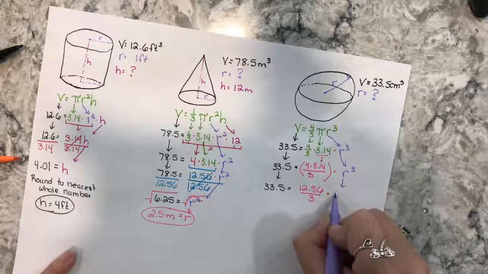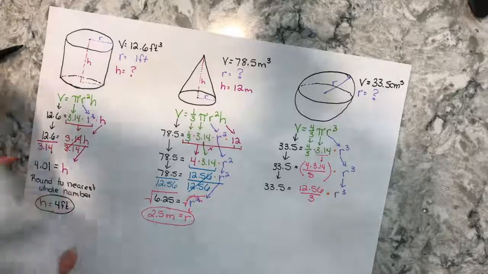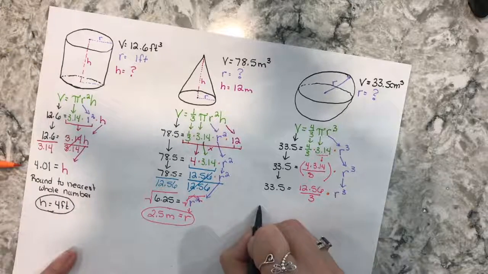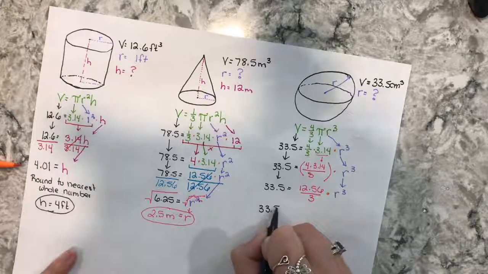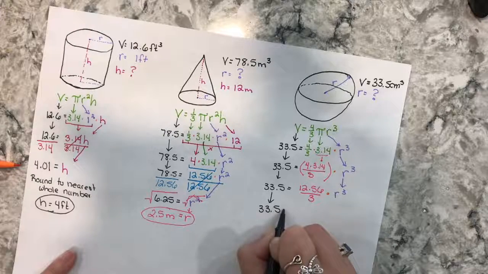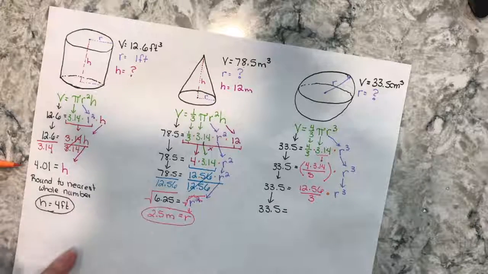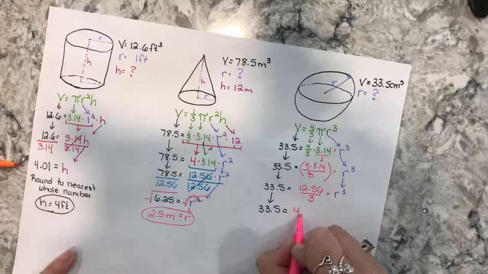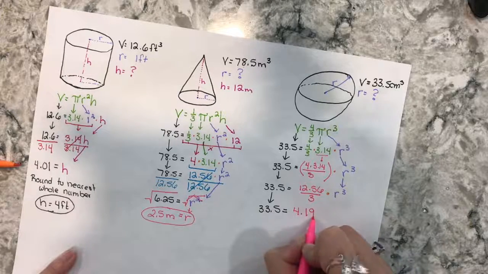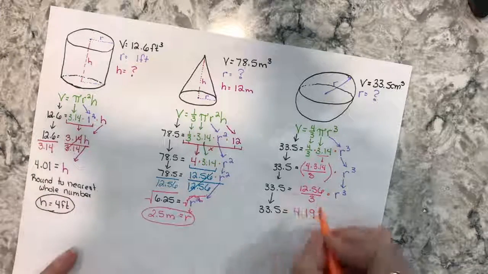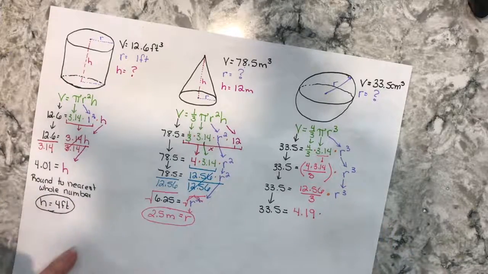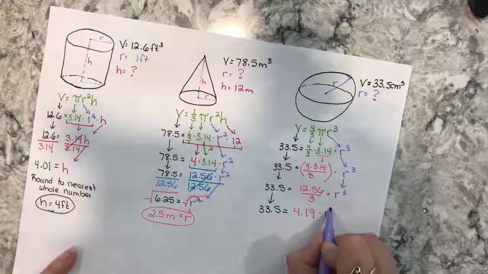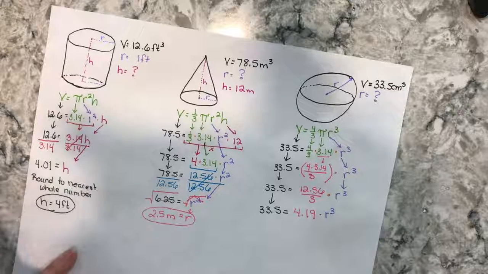Now I know this is a couple of extra steps, and you probably could have done it on the calculator in a couple of seconds, but if you're having trouble remembering how to do the fractions, it's helpful to break it down this way and just do it one step at a time. So we carry down the 33.5, and then 12.56 divided by 3 is 4.19, and we still carry down the r cubed because we have not done anything with it yet.